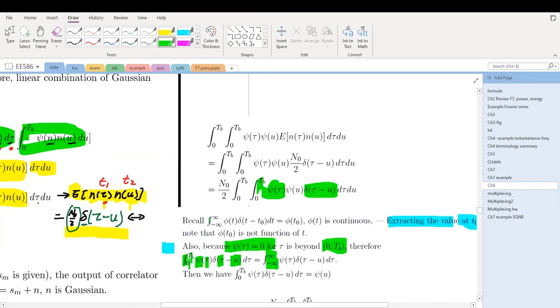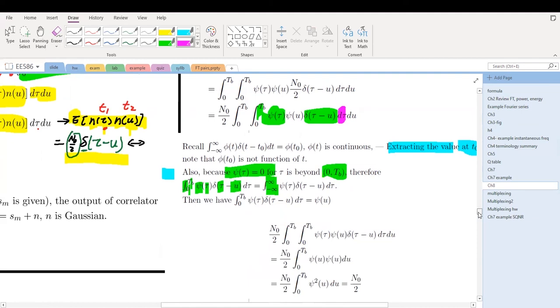Therefore, I can use this property. This integral becomes psi u. Now the integral with respect to tau can be integrated out, leaving psi tau. There is a psi tau here, and there's a psi tau there.